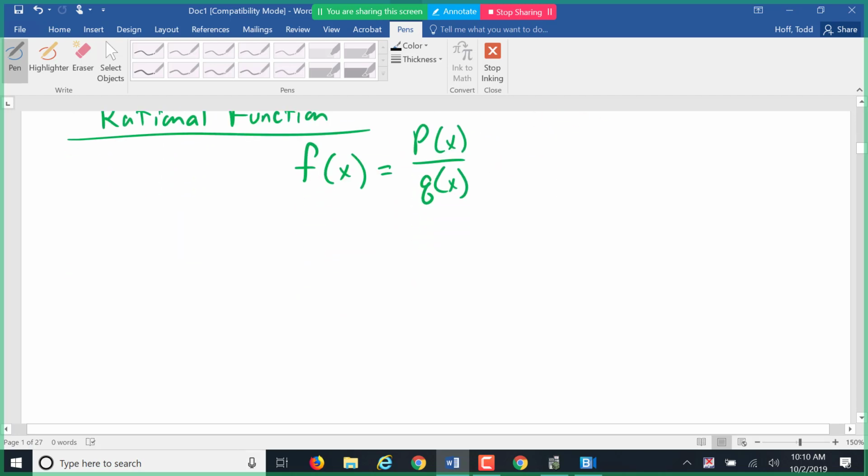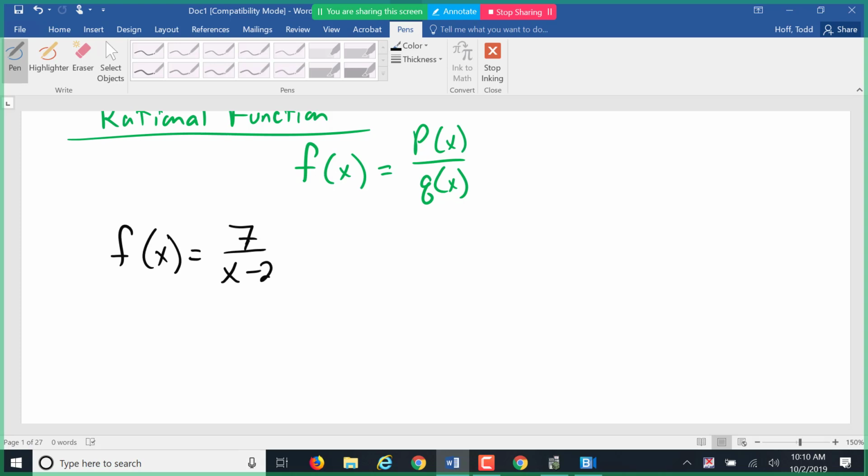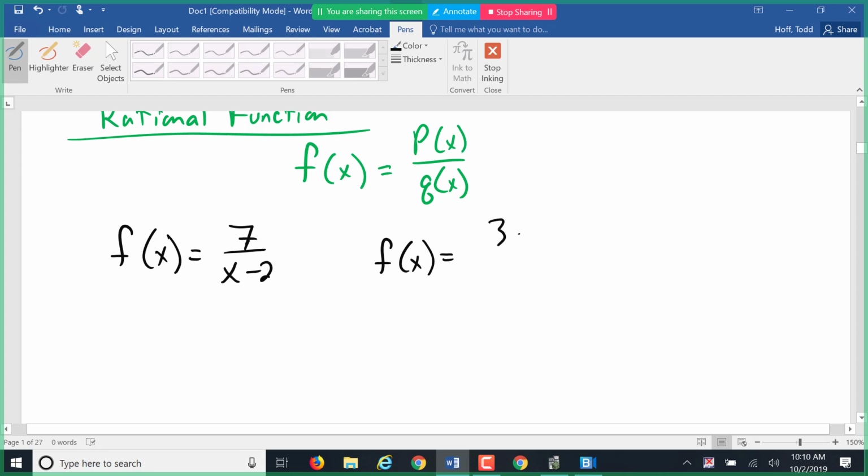Now it could be as simple as f of x equals 7 over x minus 2. That's a rational function. It can be way more complicated. It can be f of x equals 3x over x squared minus 25.